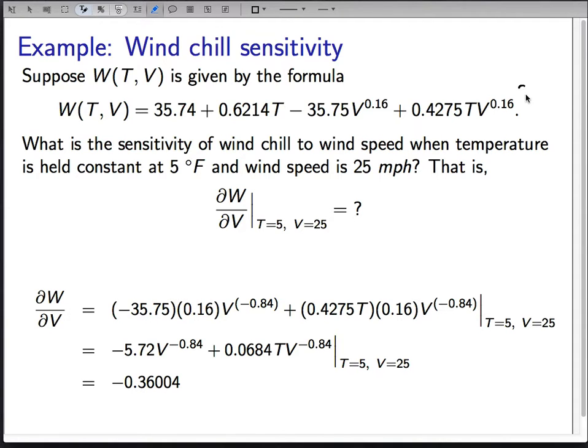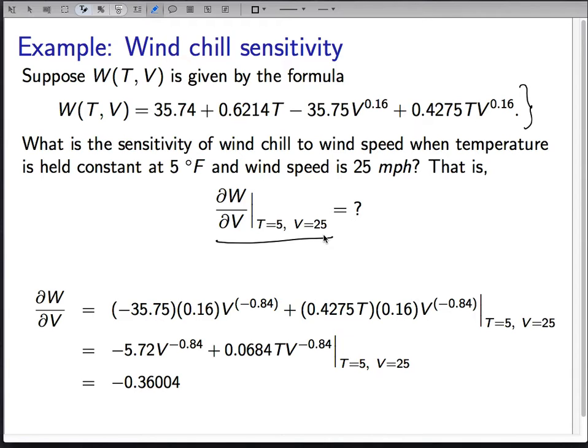So if we've got the wind chill function right here, and I want to know what the sensitivity of wind chill is to wind speed when temperature is held constant, and wind speed is 25 miles an hour, what I'm really looking for is the derivative of wind chill with respect to velocity. So when the wind speed changes, how does that change the wind chill? So I'm looking for the partial of w with respect to v, and I'm going to want to plug in these values I indicated, temperature of 5 degrees and a wind speed of 25.